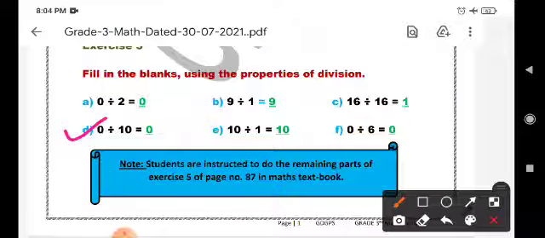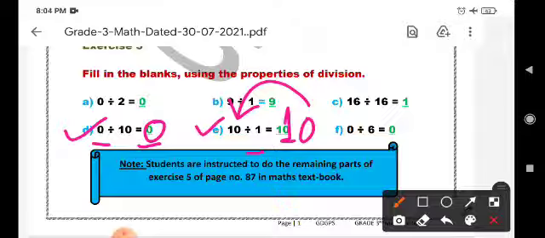Now D part, 0 divided by 10. Again your dividend is 0, so our quotient is 0. That is the property we learnt just now. Now 10 divided by 1. When you divide any number by 1, when 1 is your divisor, then the quotient is the number itself, that is the dividend.